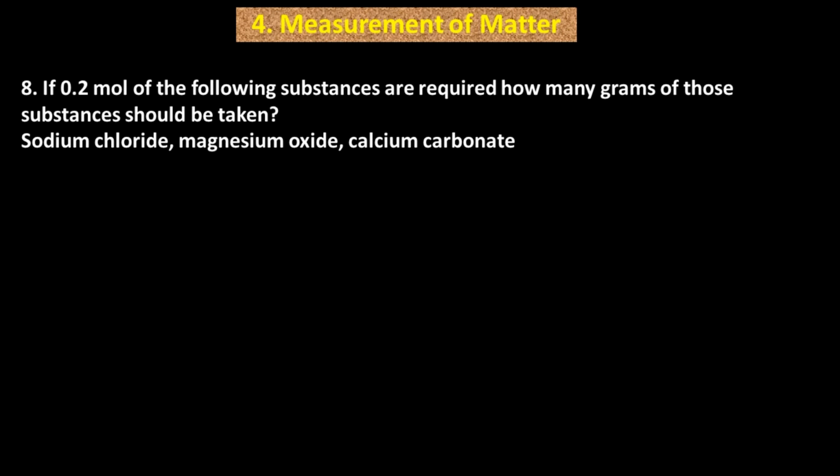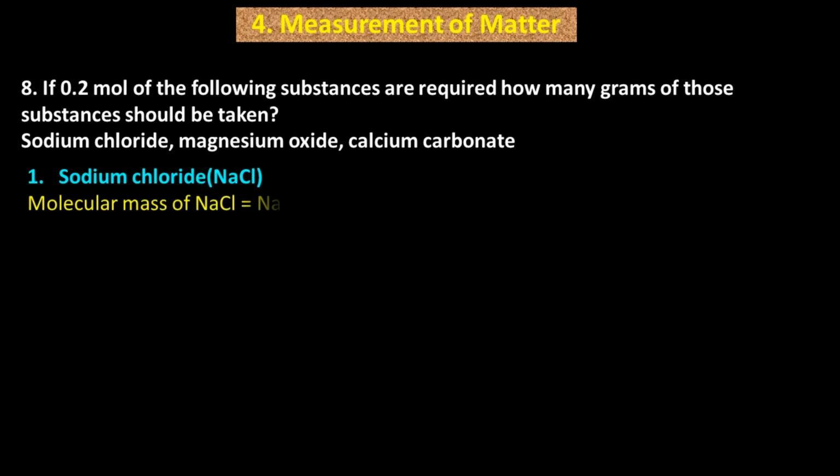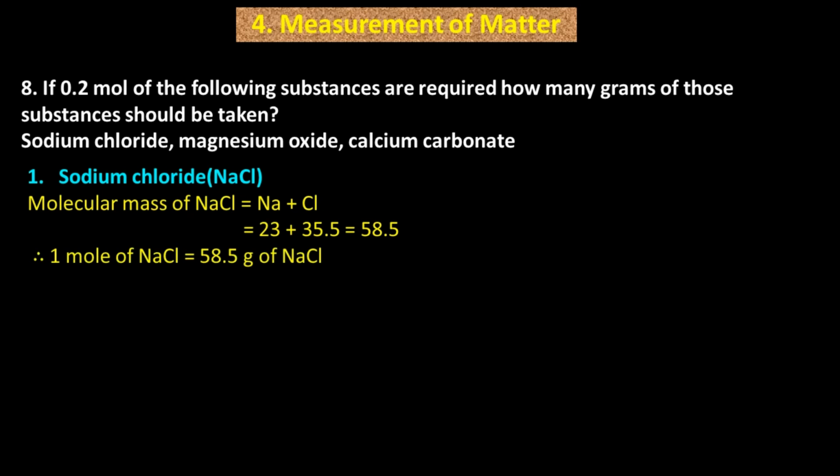Question number 8. If 0.2 mole of the following substances are required, how many grams of those substances should be taken? Sodium chloride, magnesium oxide, calcium carbonate. 1. Sodium chloride NaCl, that is 23 plus 35.5 is equal to 58.5. 1 mole of NaCl is equal to 58.5 gram of NaCl.